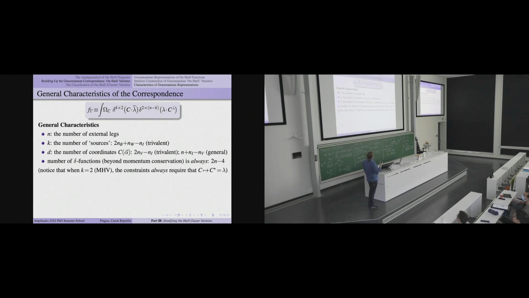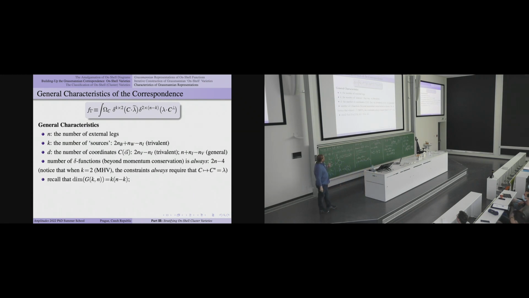Notice that when k equals 2, which is relevant for MHV, this is a 2 by 2 delta function, C dot lambda tilde, and this is a 2 by n minus 2 delta function, which tells you that lambda is equal to C. So for MHV, regardless of what diagram we're looking at, if it has k equals 2, then we know that the C matrix is just a stupid way of talking about lambda, the spinors. But more generally, it's not.